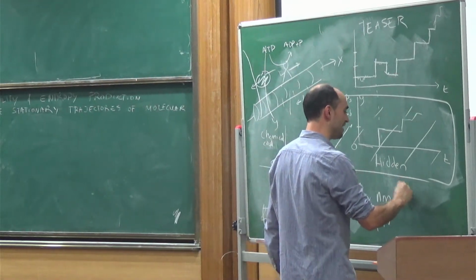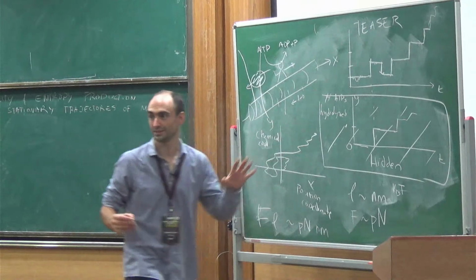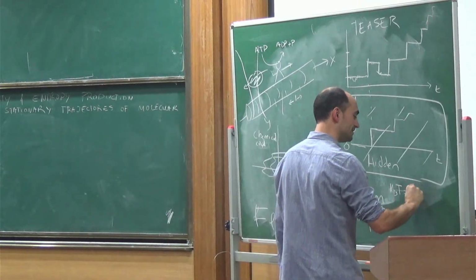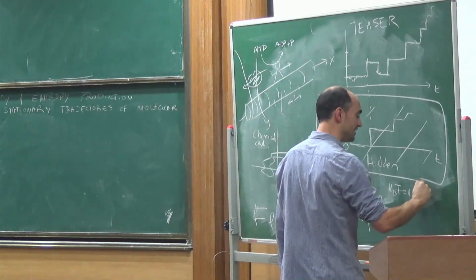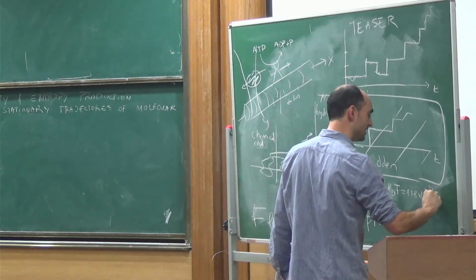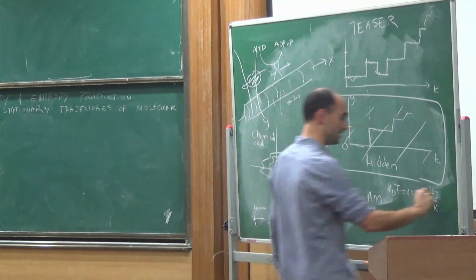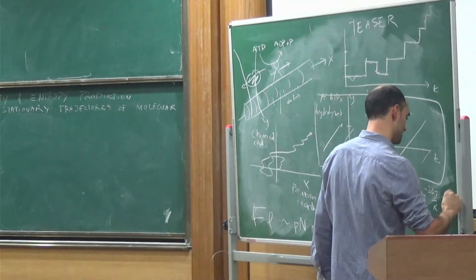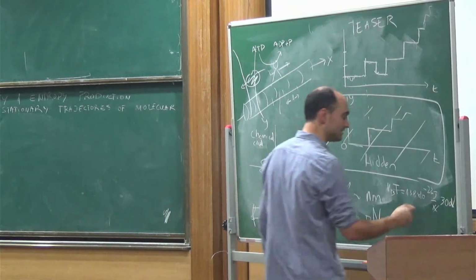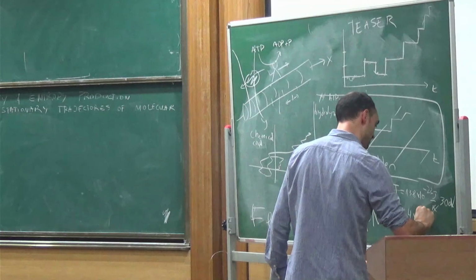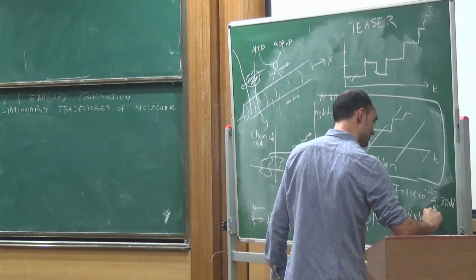At room temperature, 300 Kelvin, kB is 1.38 times 10 to the minus 23 joules per Kelvin, and you multiply this by 300 Kelvin. You get around 4 times 10 to the minus 21 joules.